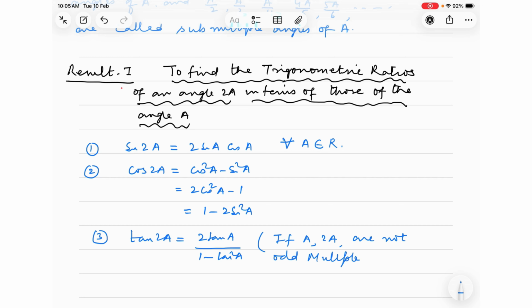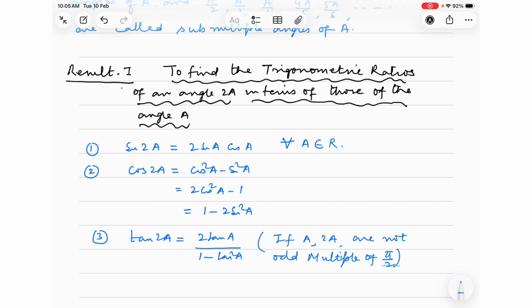Otherwise it becomes undefined, because if A and 2A are odd multiples of pi by 2 or 90 degrees, tan A and tan 2A become undefined.